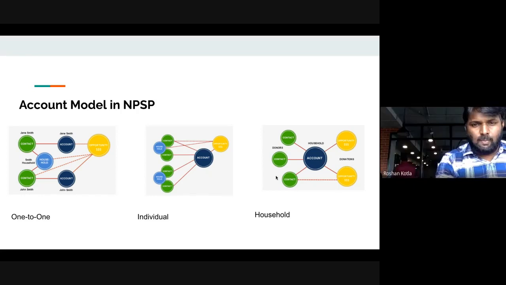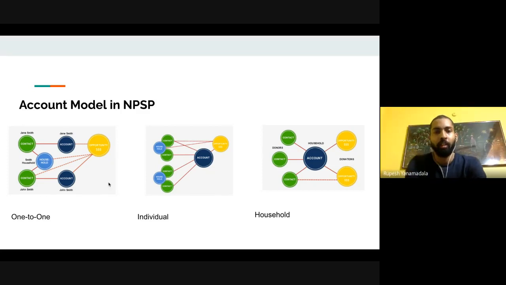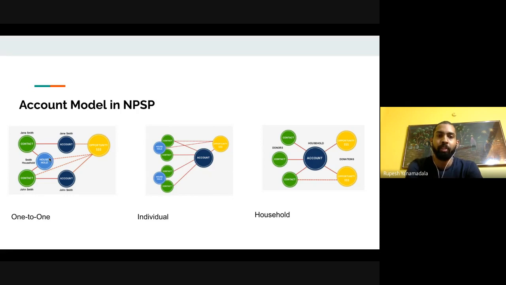I think we'll need more domain knowledge of how non-profits actually function. Let me be clear here. One-to-one is like my family. This household object represents my family. This is me and this is my brother. Let's suppose this is Rupesh and this is Chandu.